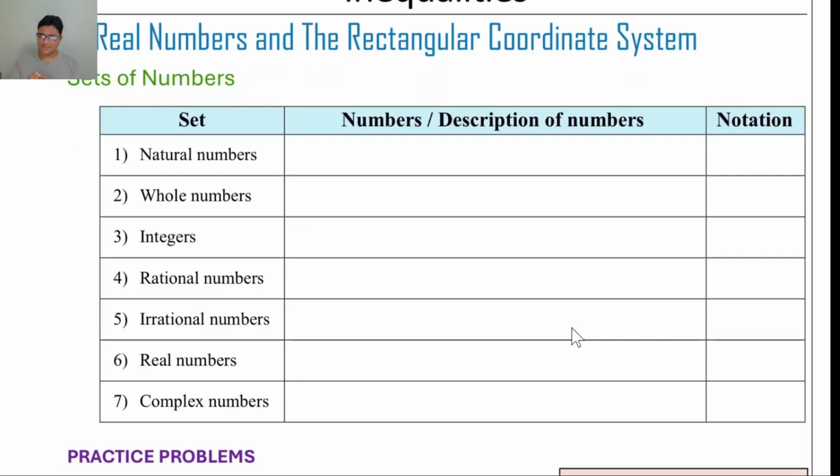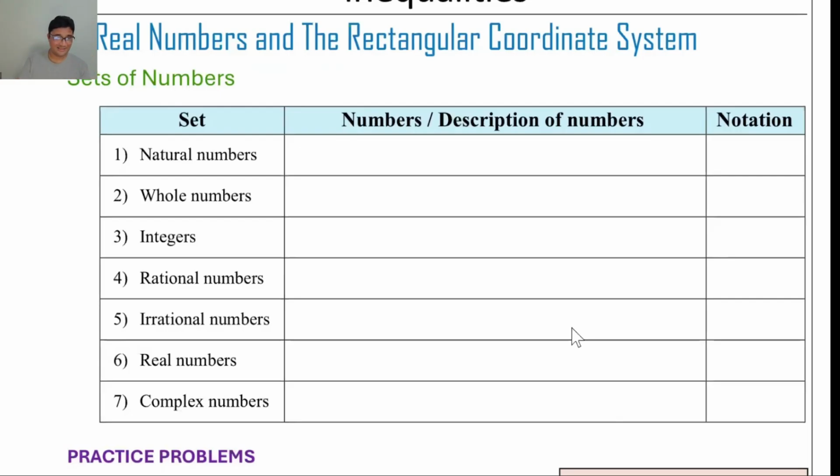The first set of numbers are natural numbers. They are called natural because they were developed very naturally when civilization developed. That is one way to understand why they are called natural numbers. It comes naturally to you, like how many fingers do I have? 1, 2, 3, 4, 5.